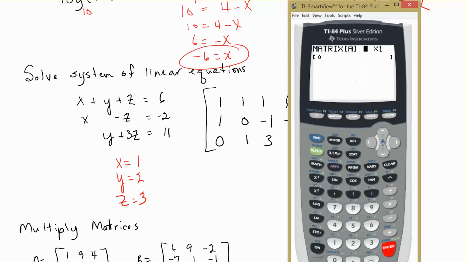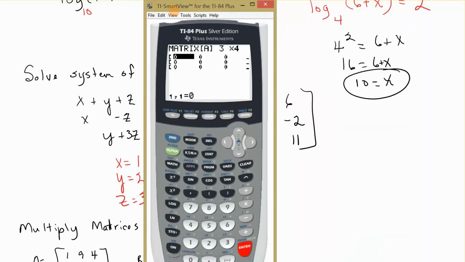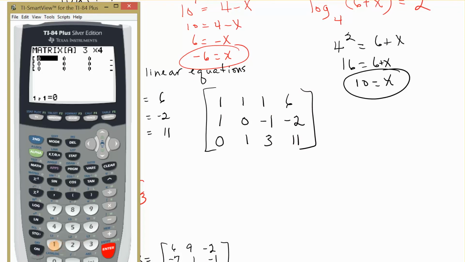So if I get my calculator back up, I need a 3 by 4. It should give you a blank matrix. So let me get this over where I can see what I'm putting in. 1, enter, 1, 1, 6. Pop me down to the next one. 1, 0, negative 1, negative 2, 0, 1, 3, 11.